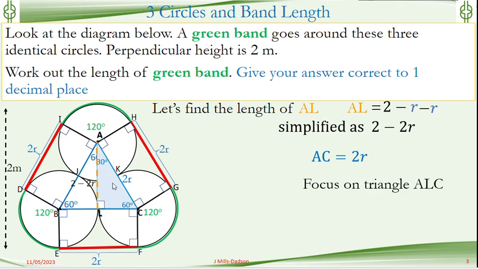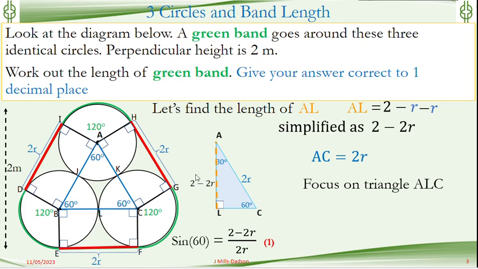Now let's focus on this right angle triangle and let's pull it aside. So here we have 30 degrees because we split it into halves, and this is 60. Sine 60 is opposite over hypotenuse, which is 2 minus 2R over 2R. And we also know that sine 60 in exact form is root 3 over 2.